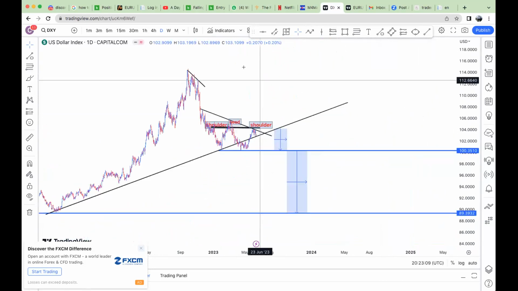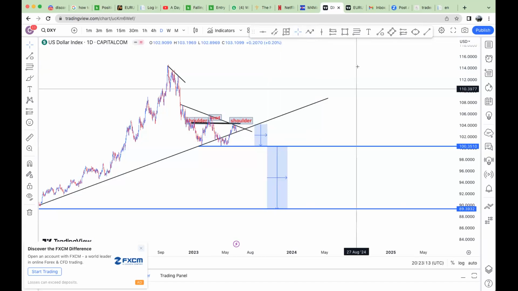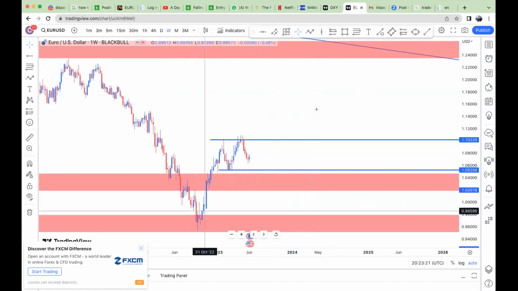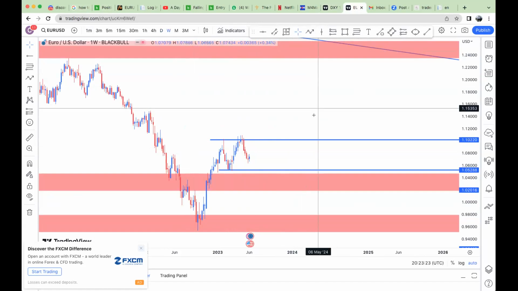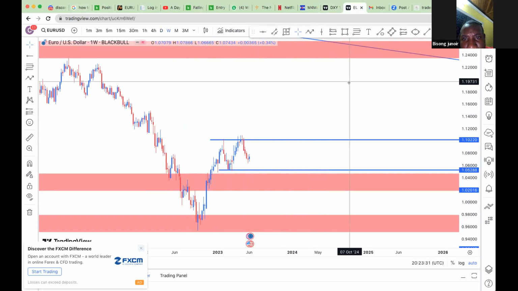If I am saying the XY is going to the downside, this simply means that if dollar is going down, all pairs like Euro USD, I'm expecting Euro USD to go up. I'm expecting gold to go up. I'm expecting BTC to go up. Are we following?